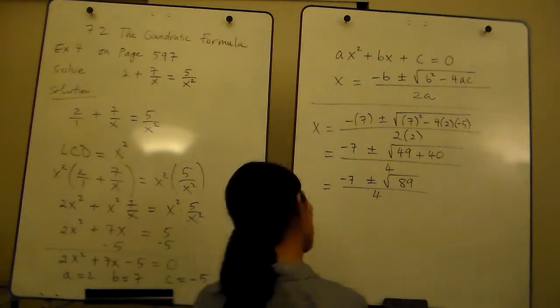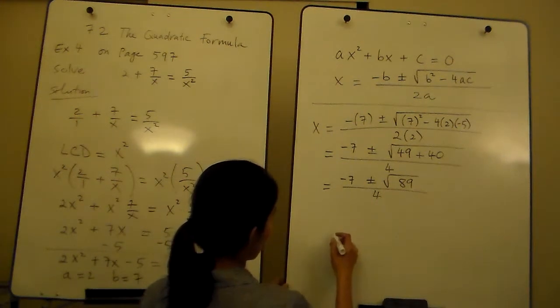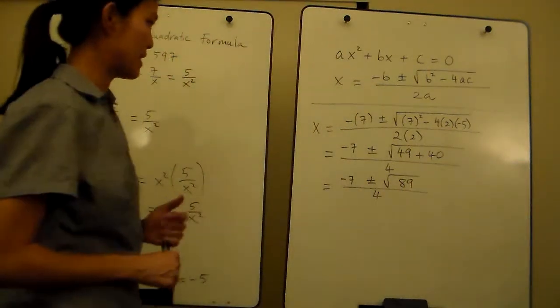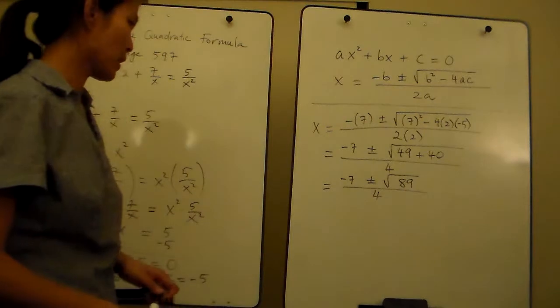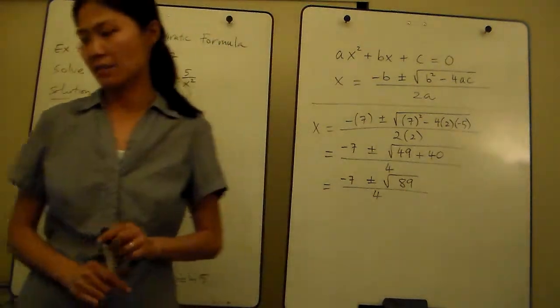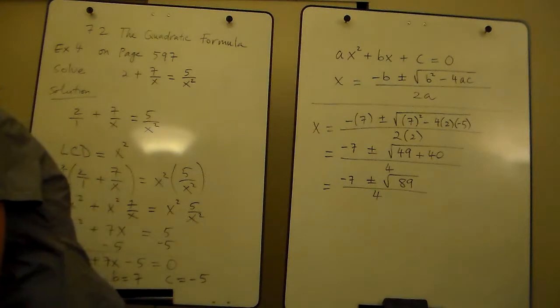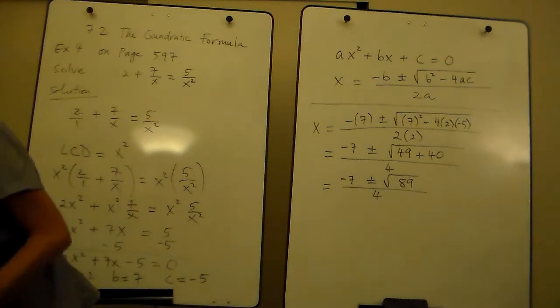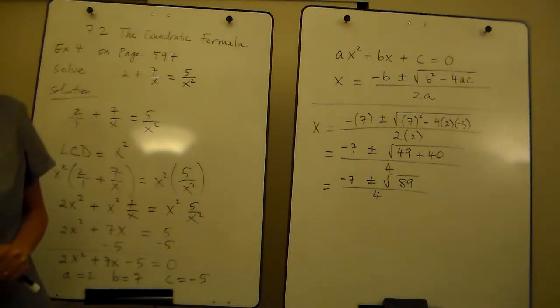Now 89. Let's see, can you factor 89 with anything else? Luckily you cannot factor 89, so you can leave the answer like this. Let me see how the books leave this answer. For example, negative 7 plus or minus the square root of 89 divided by 4.